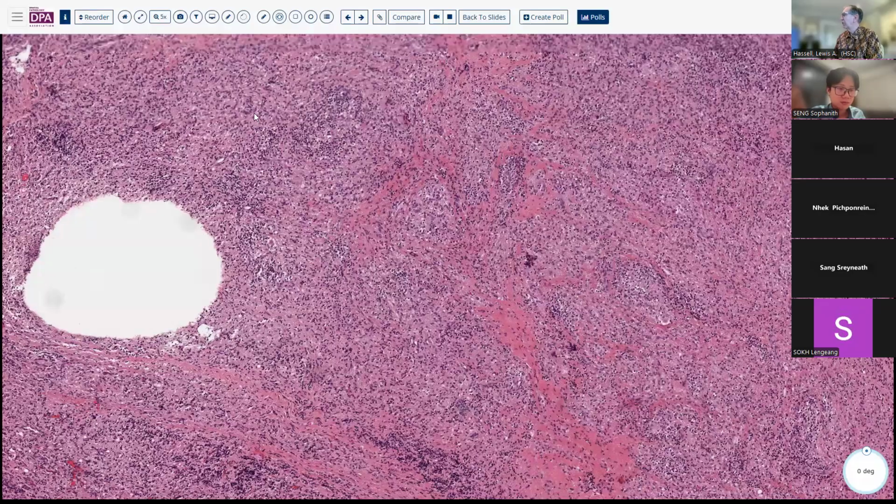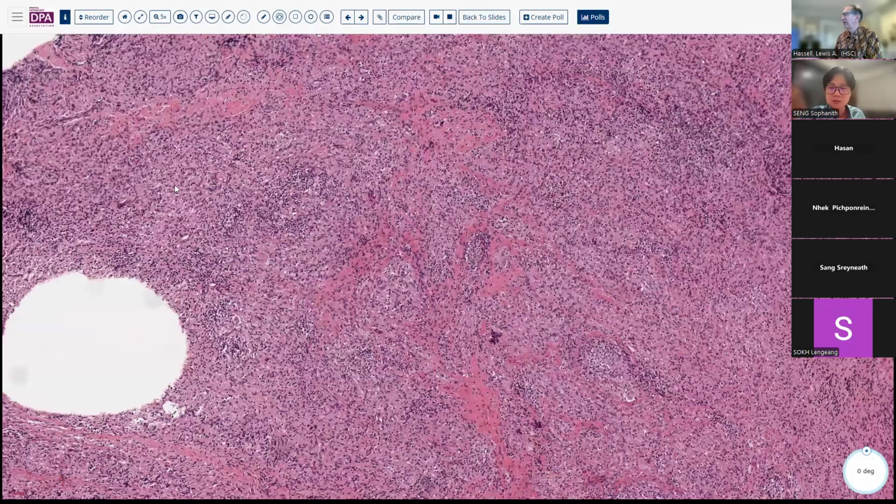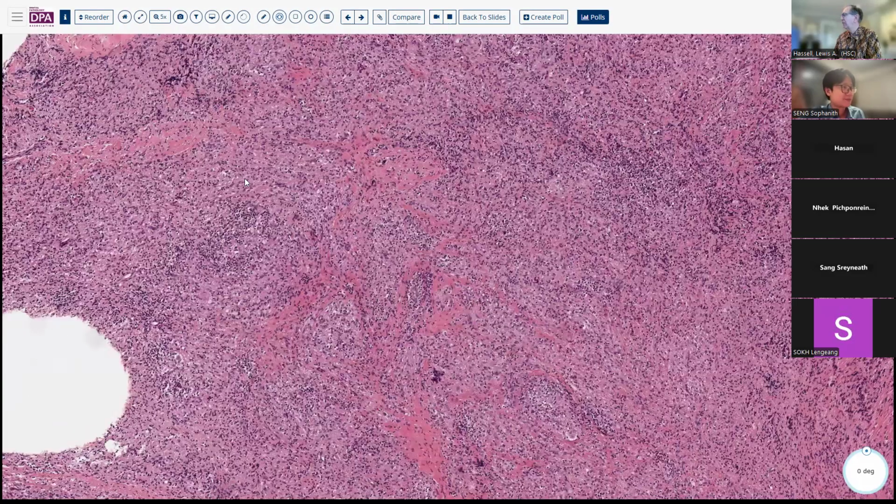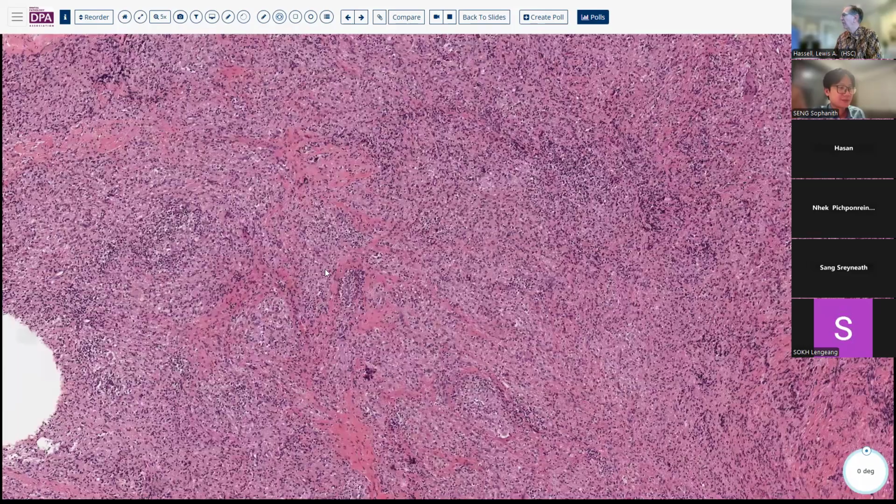And so in certain cases, you can do immunohistochemistry to subtype the plasma cells here, to see what your proportion is of IgG4 positive cells versus other cells. Alternatively, sometimes peripheral blood evaluation can give you that information as well.